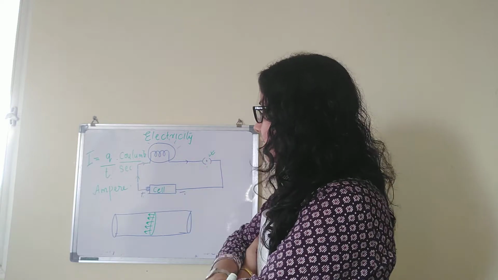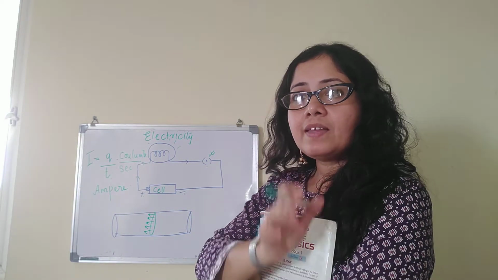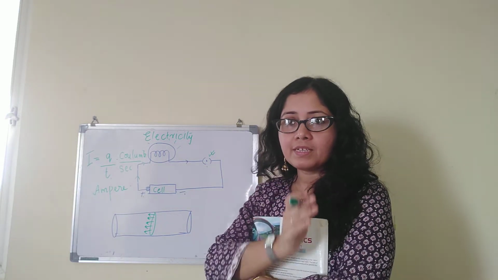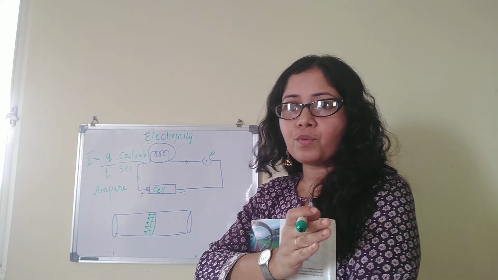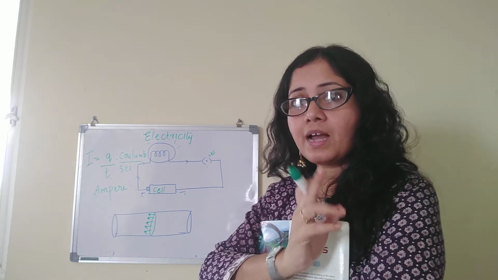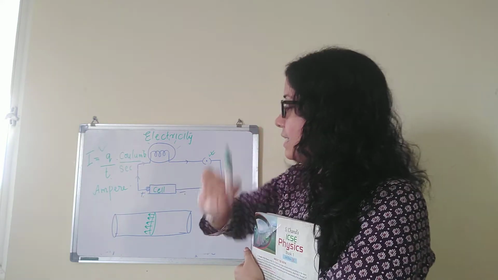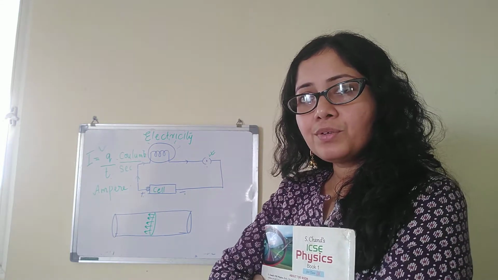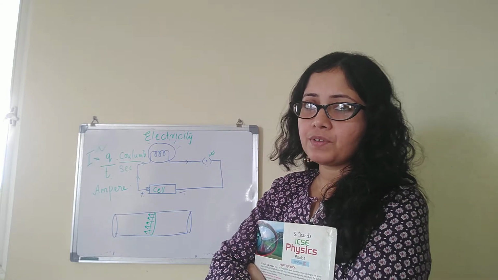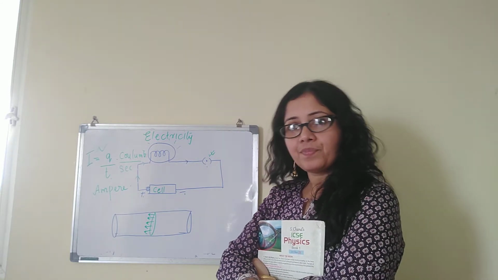So we have learned that current is the amount of charge passing through the cross section of a wire in 1 second. That is the current, right? Second, the SI unit of current is ampere.